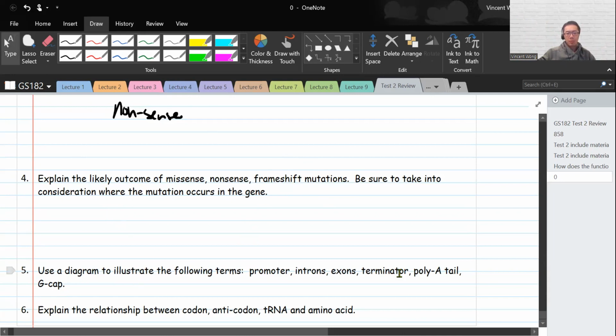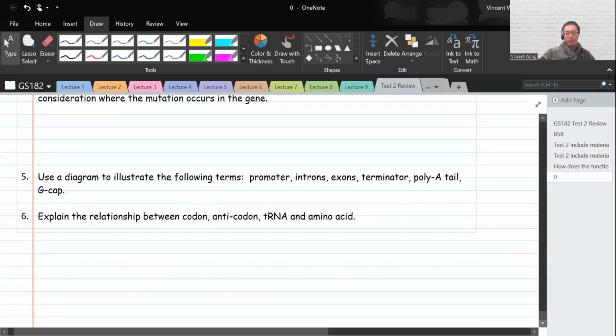This one we did multiple times already. We actually reviewed this as well in quiz number 3. So make sure you know what a promoter and introns are, what all these things are, what is being cut out, the adding of the 5' cap and the 3' poly A tail, all that stuff.